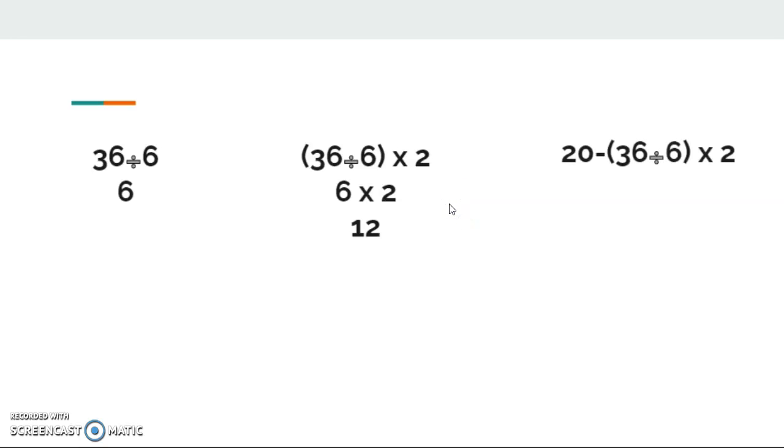So this is saying that I have 20, and I need to remove 36 split up into 6 groups, doubled. So think about that for a minute. I'm going to have 20, and then I need to remove 36 split up into 6 groups, doubled, times 2, twice as many.